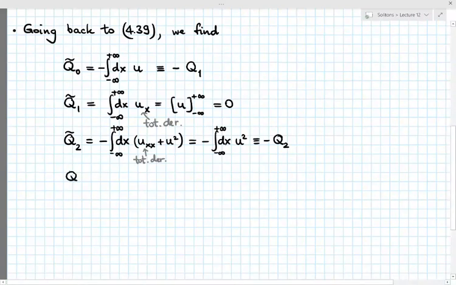Next, we can go on up to Q tilde 3 because we expanded up to third order in epsilon. So that's the integral over x of W3, which was equal to Uxxx plus 4Ux.